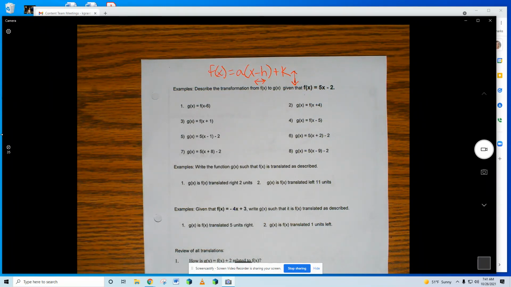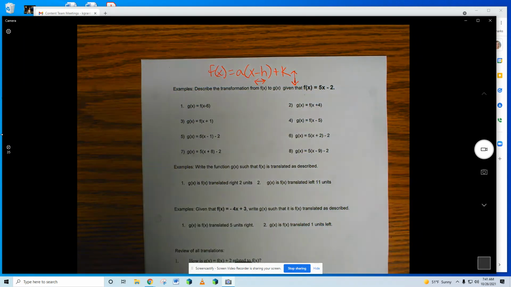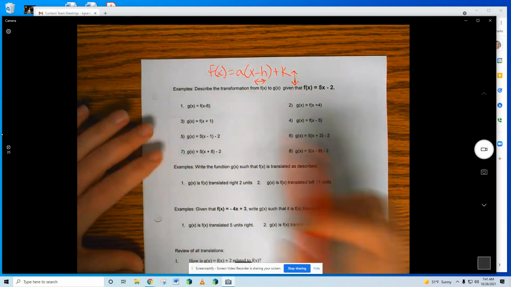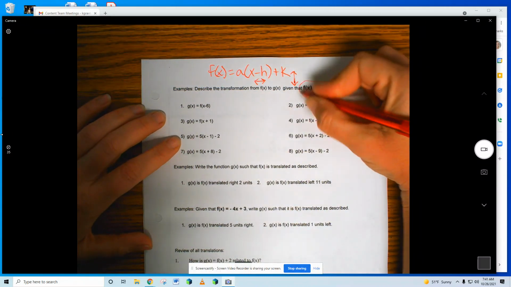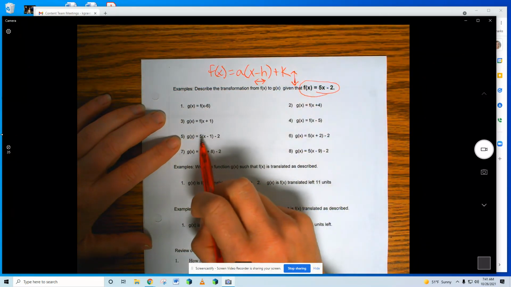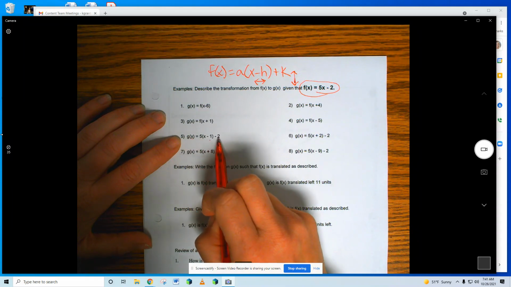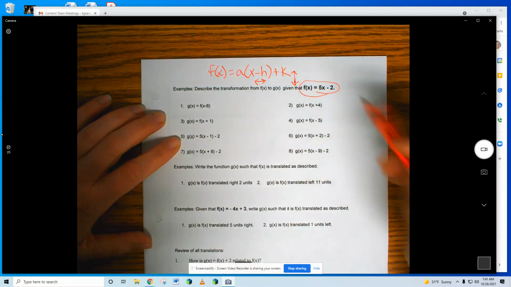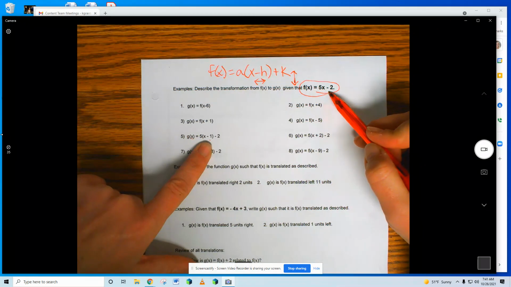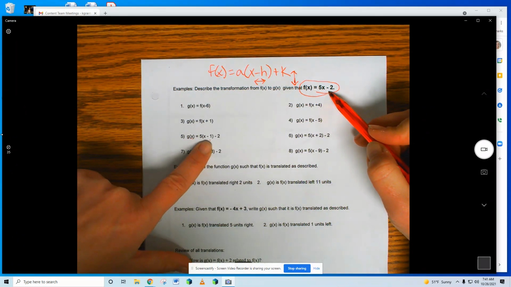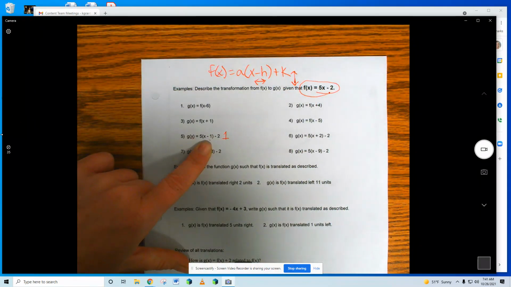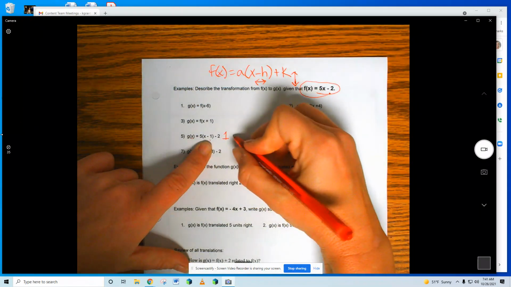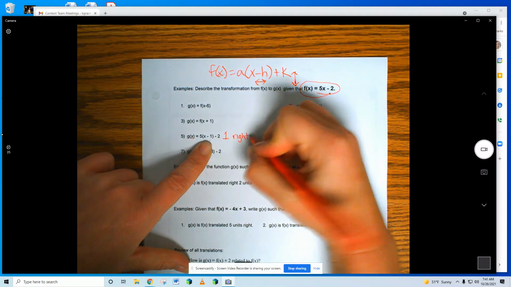So with these, on 1 through 8, you're just giving an example. Like I'll do number 5. The parent function, this is my starting point, 5x minus 2. This says 5(x minus 1) minus 2. So the only thing that changed from here to number 5 is that x minus 1 in parentheses. What does an x minus 1 mean when it's in parentheses? 1 to the what? Right. So that's all I would put for number 5.